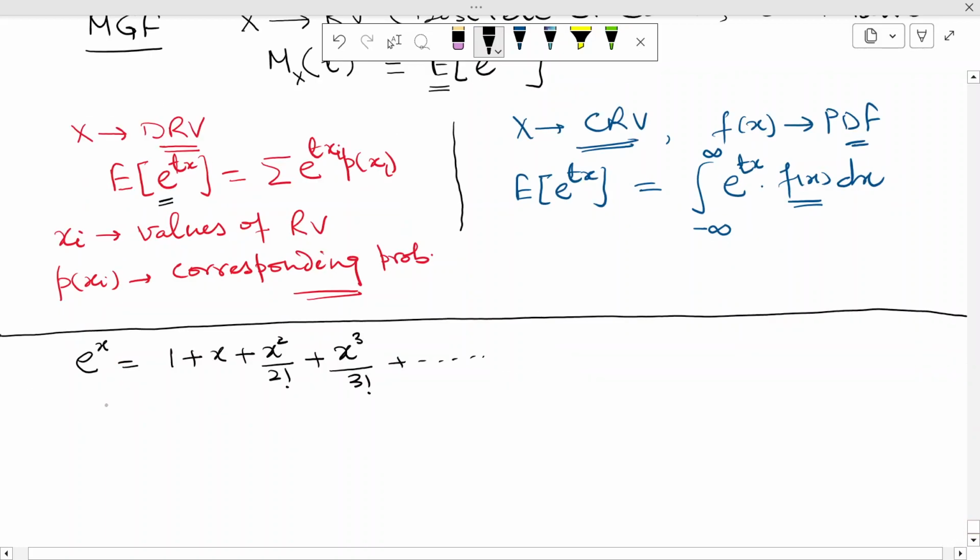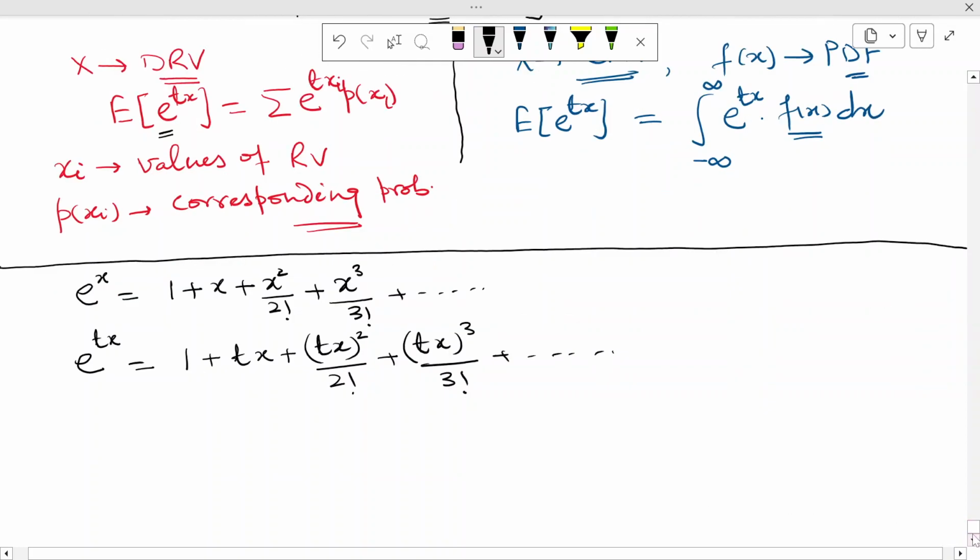Using this, we can write the expansion of e to the power tx by replacing x by tx: 1 plus tx plus (tx) whole square over factorial 2 plus (tx) whole cube over factorial 3 plus so on.